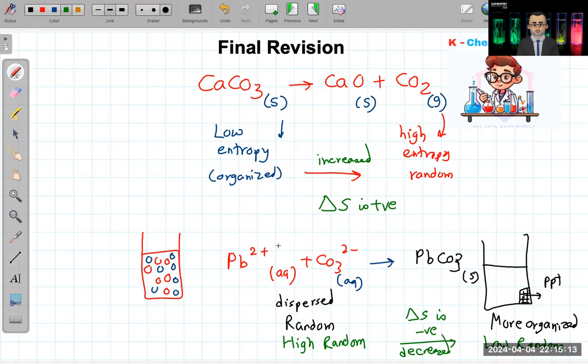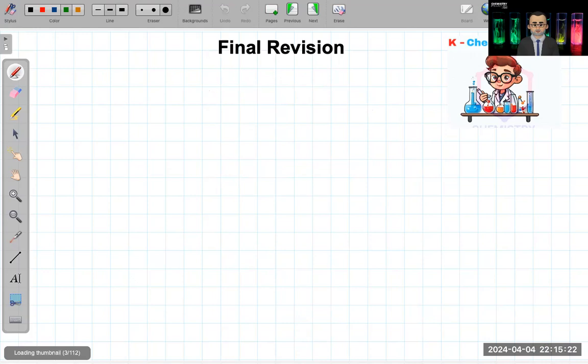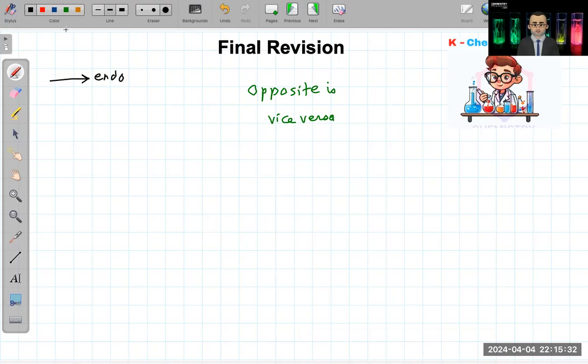So whenever I see something change from ions to a solid precipitate, it means that delta S has decreased. And don't forget that the opposite is vice versa, the same as in delta H. In delta H, if a reaction is endothermic in the forward direction and you ask about the backward one, it will be exothermic. Here it is the same.